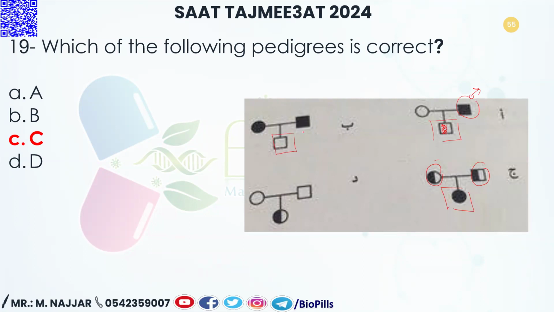How come? It must be affected, because the parents are affected. And here, this is the flipped one. Both parents do not carry the trait, and the baby girl is a carrier. So it doesn't make any sense. It must not carry or have the trait. So that's why the correct answer is C.